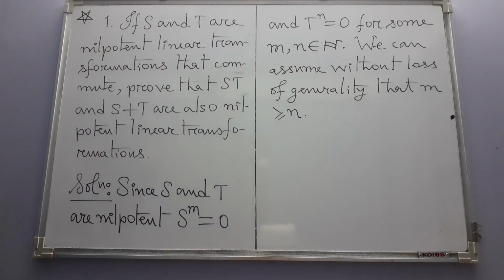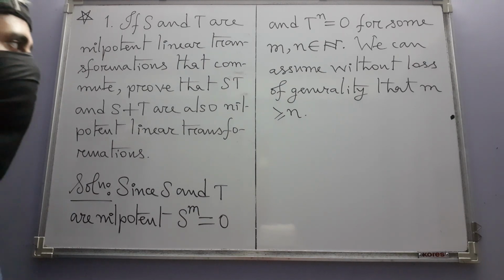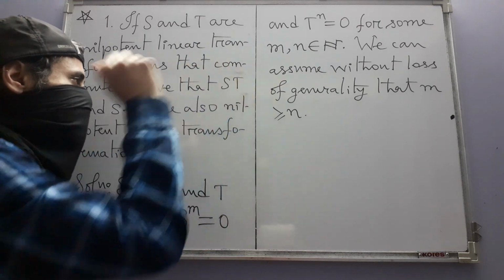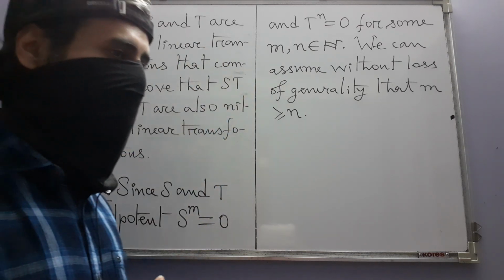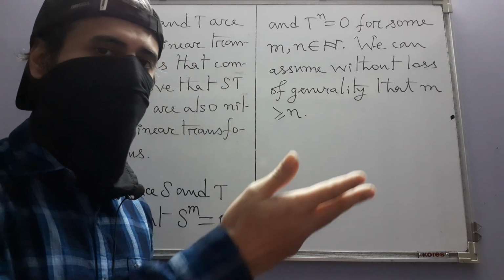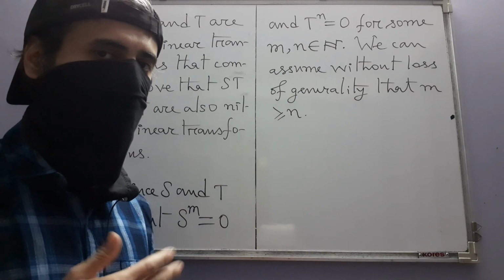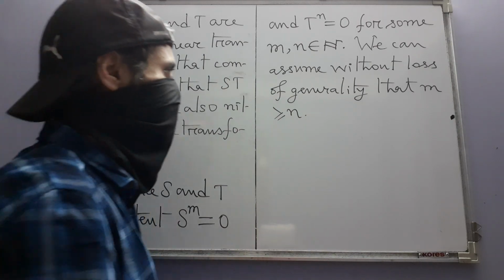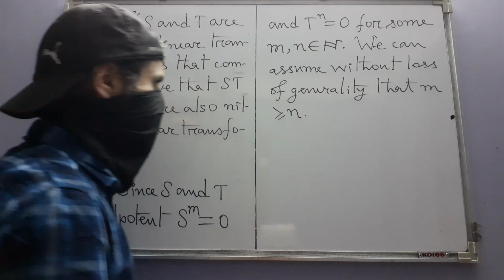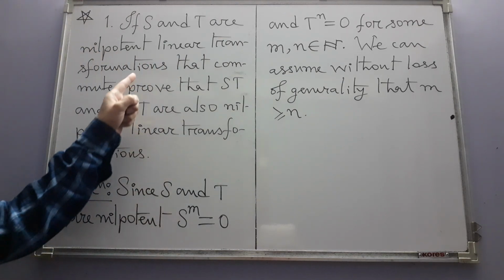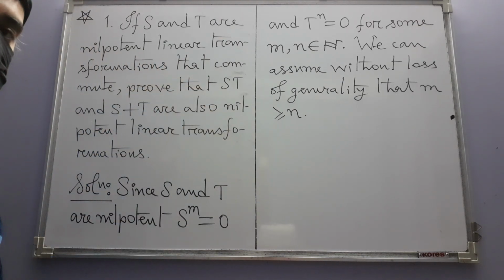This of course we can assume. Now our aim is to show that, say first, ST is nilpotent. So some power of ST where the exponent is a positive integer should also be equal to 0. And this is where we are going to immediately use the fact that S and T commute.